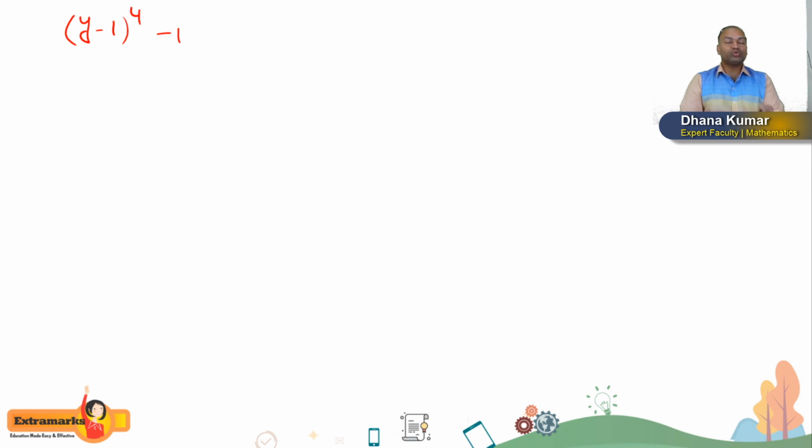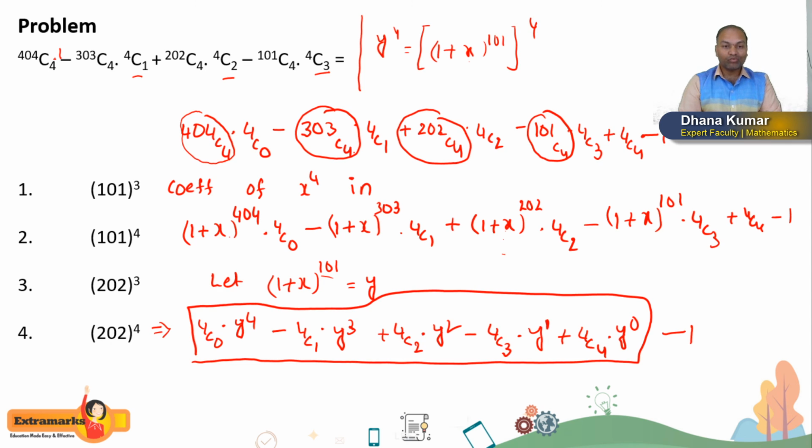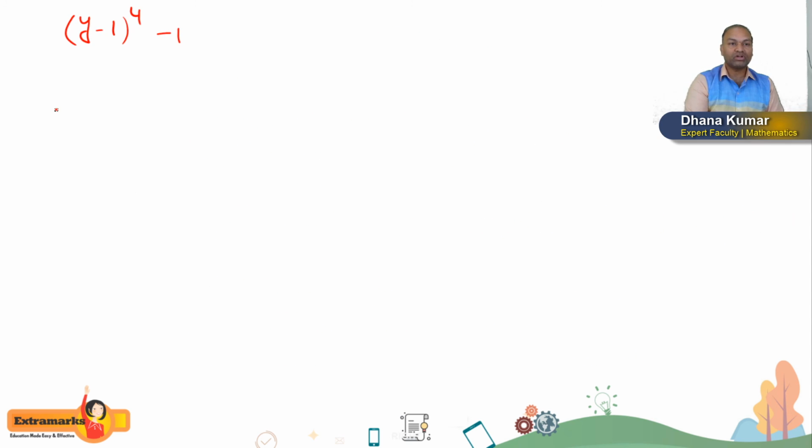Now I am substituting y. What is y? Our assumption is (1 plus x) whole power 101. So ((1 plus x) whole power 101 minus 1) whole power 4 minus 1. Now expand this bracket.